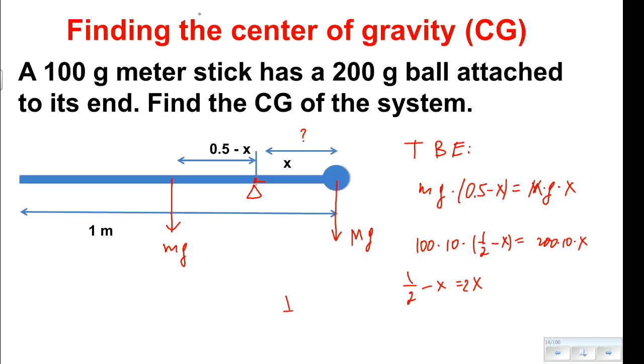So 1/2 equals 3x, x equals 1/6 of a meter. So clearly, when we change the density distribution, if it's not uniform anymore, the center of mass shifts, but it shifts toward the heavier parts of the system, like here, yeah.